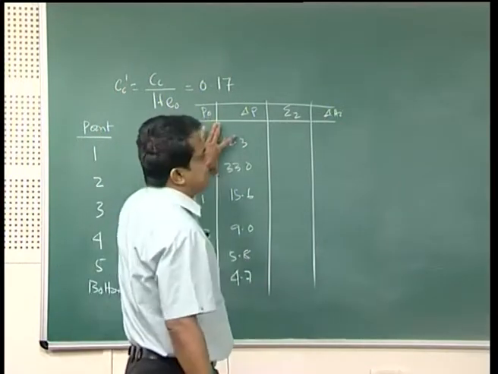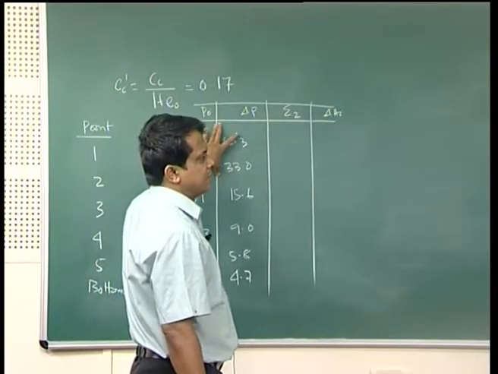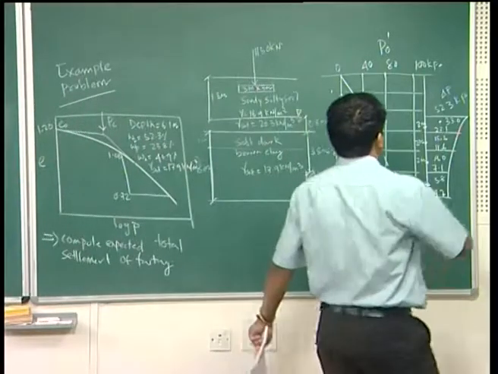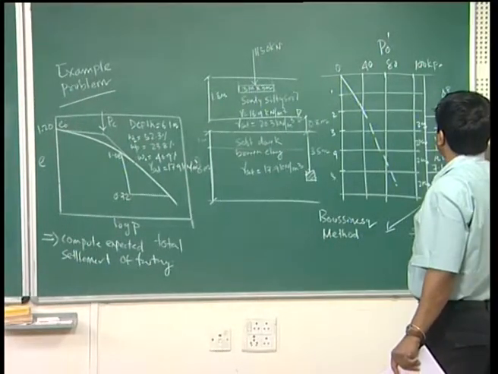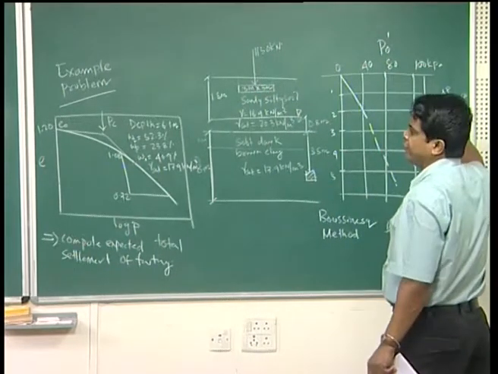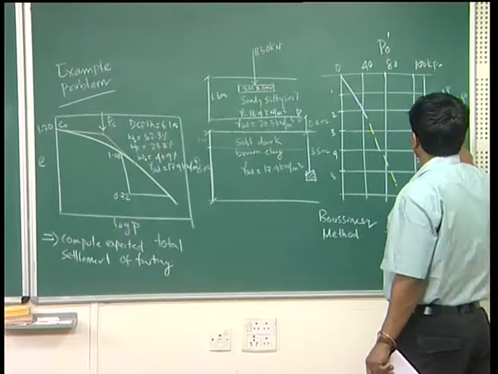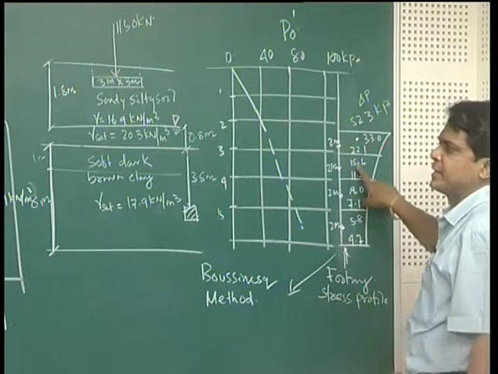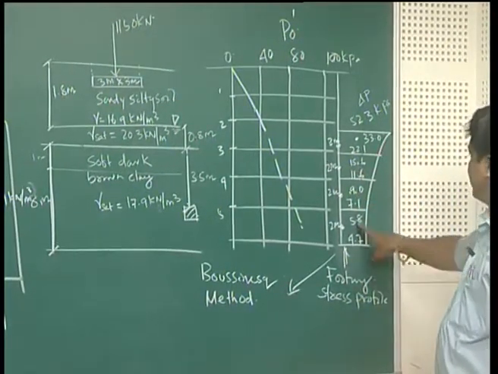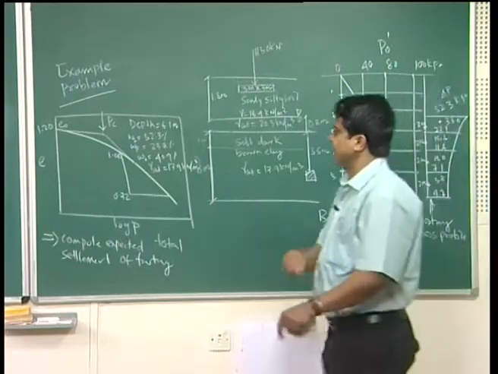This increase in stress has been calculated using Boussinesq's method and shown here: for the 2 meter layer at the center it is 52.3, then 33, then 15.6, then 9.0, then 5.8, and at the bottom it is 4.7.